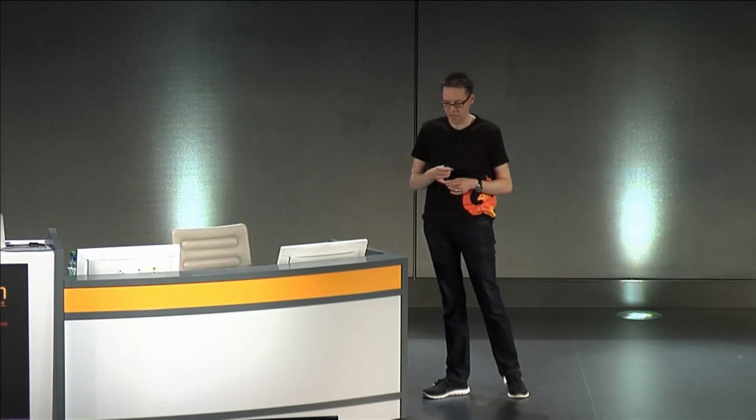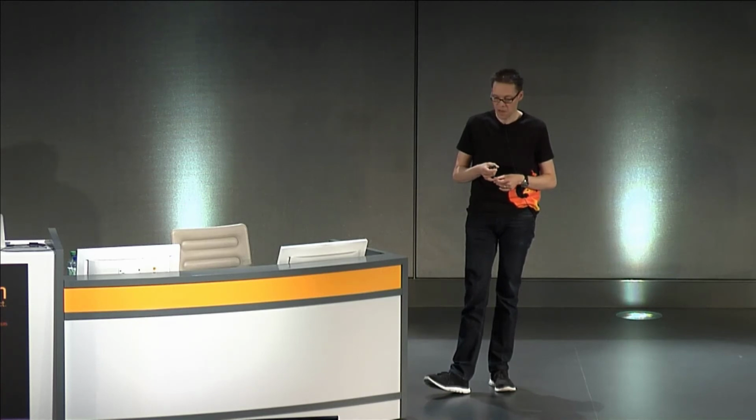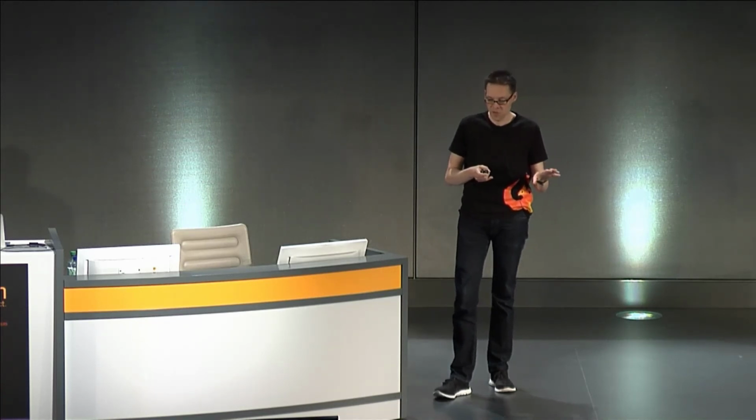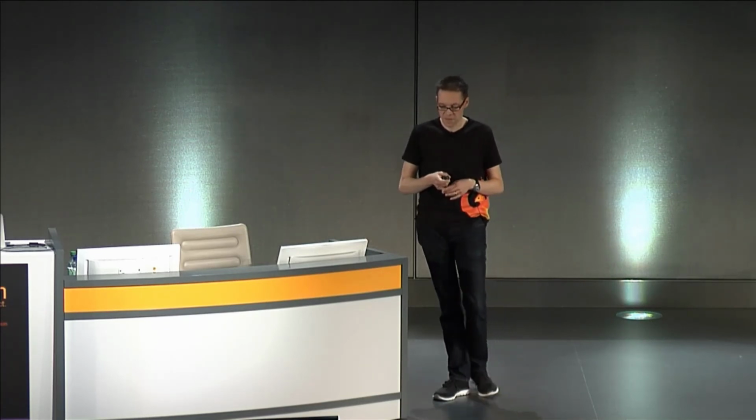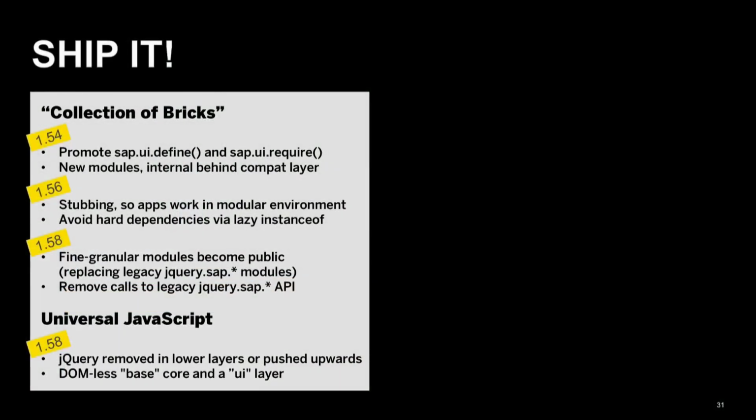So it gets decoupled by this lazy instance of, which is called isA. The more fine granular modules are going to be available with 158, replacing all the legacy stuff. And we also get rid of other jQuery.sap API that doesn't relate to modules itself. So you get to a better code base at the end.